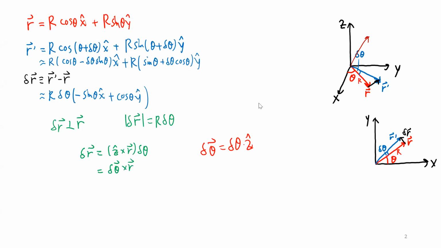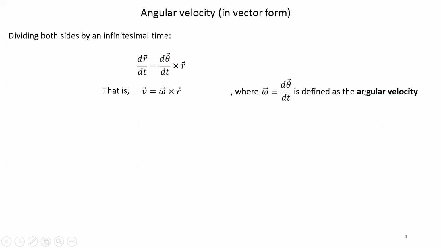When I say that this is r, you imagine that this is the position vector of a particle, but of course it can be other vectors. It does not have to be a position vector. Here, I'm just focused on using r. So v equals omega cross r.